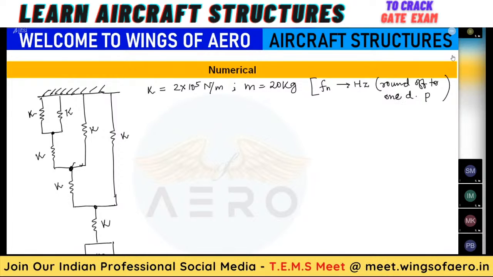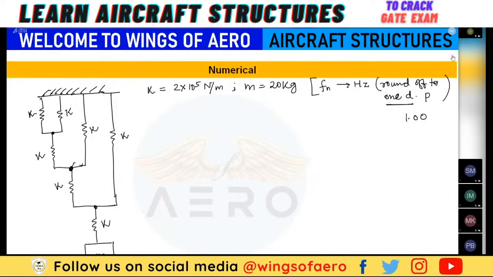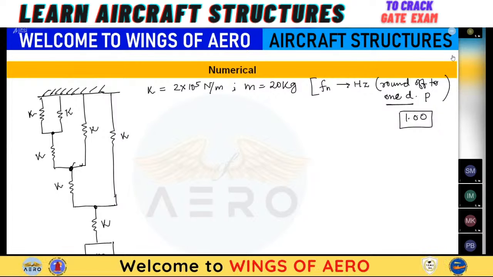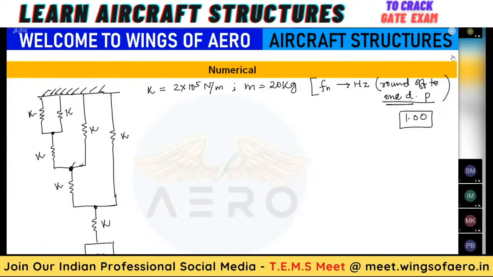Suppose in your GATE exam they have asked for 1 decimal place and you write 1.00, it will be taken as an error. The computer will consider it an error, so try to avoid such a thing. Read the question carefully. Look at how many decimal places they are asking.